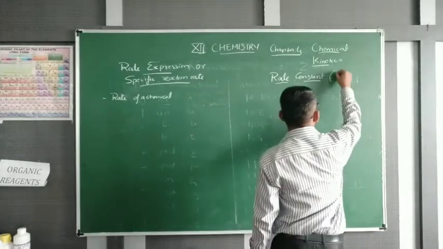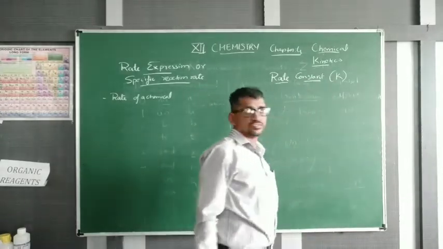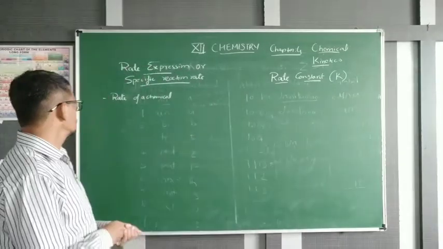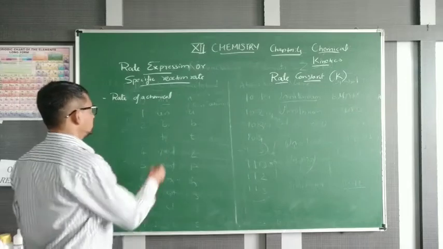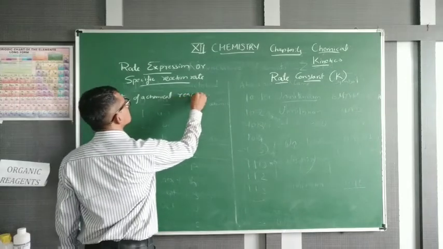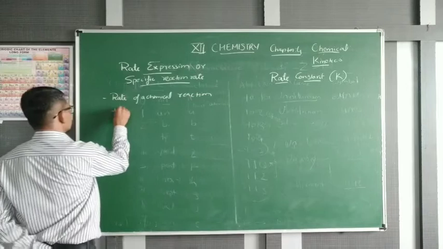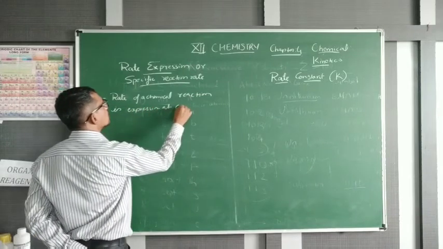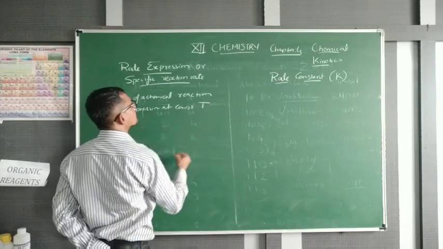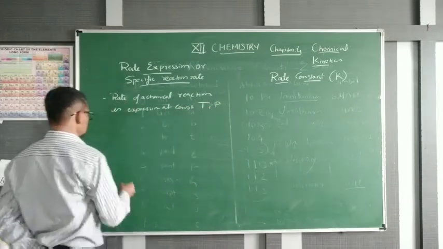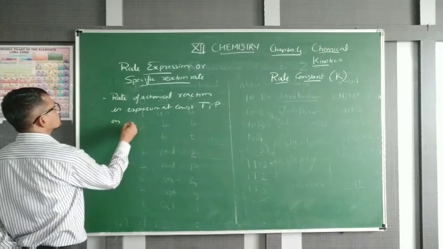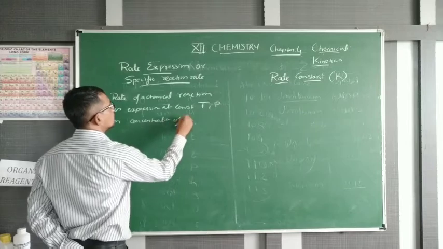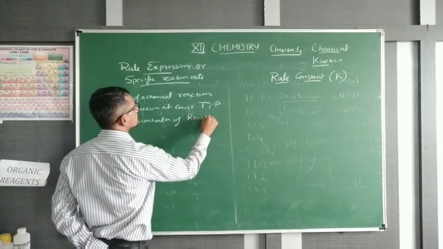Okay, rate constant K. Chemical kinetics mostly deals with the rate of the reaction. So the rate of a chemical reaction is expressed at constant temperature and pressure on the concentration of reactant.